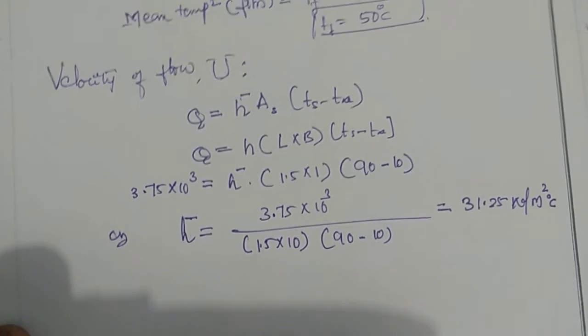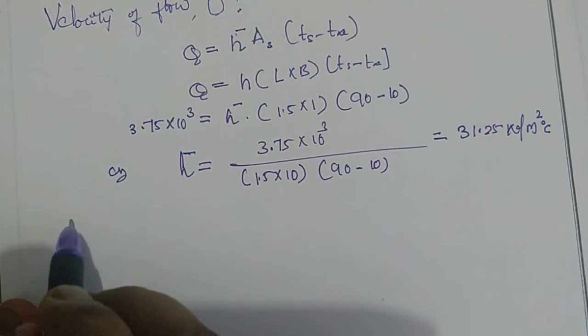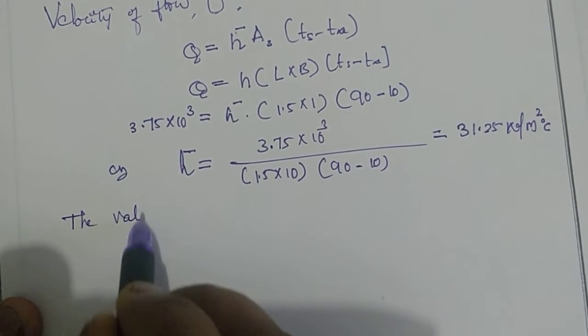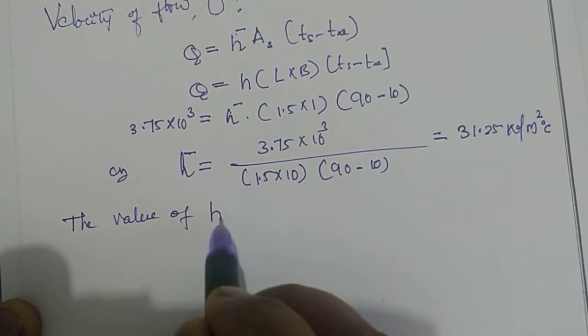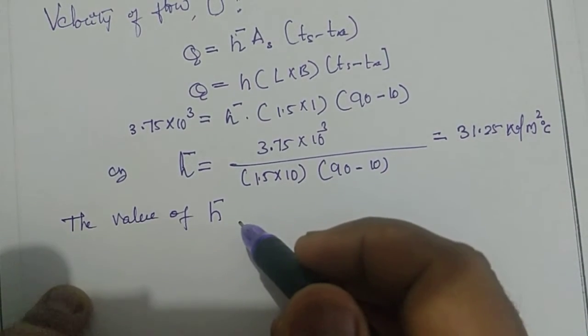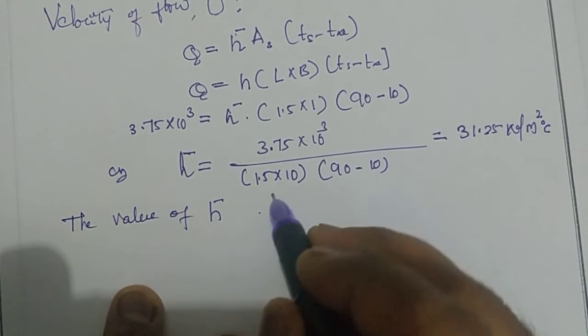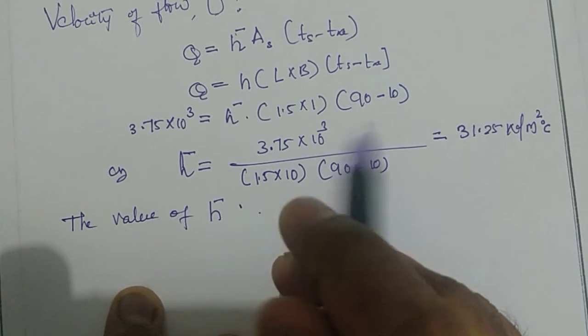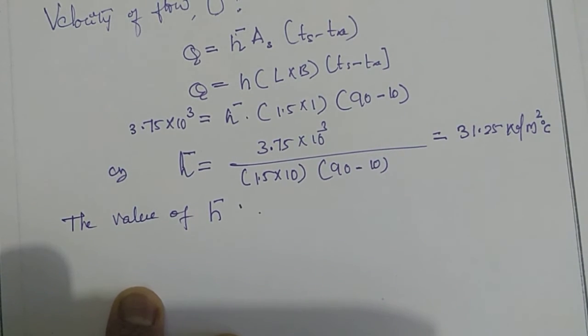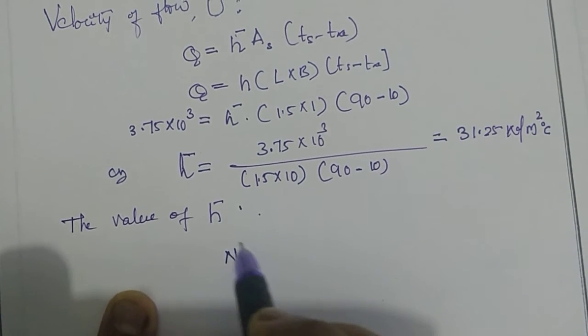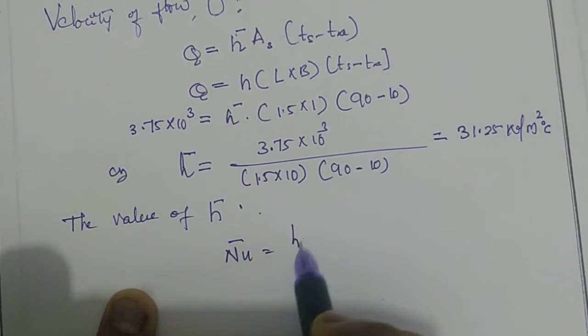Okay, so the value of h bar, the heat transfer coefficient, indicates that the flow must be turbulent. By considering the flow to be parallel to the length of the plate, we have an equation, that is Nusselt number for turbulent flow, hL by k.